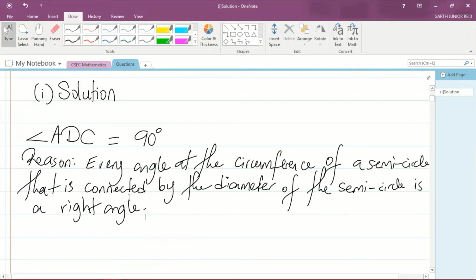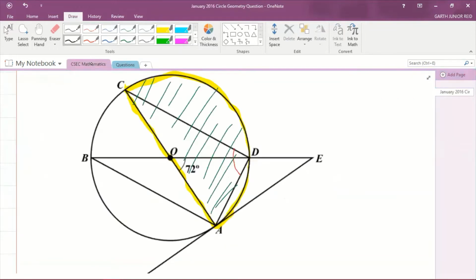Now this word here, connected, some persons may use the word subtended instead. They really mean the same thing. So the angle at the circumference is that angle here labeled in red.